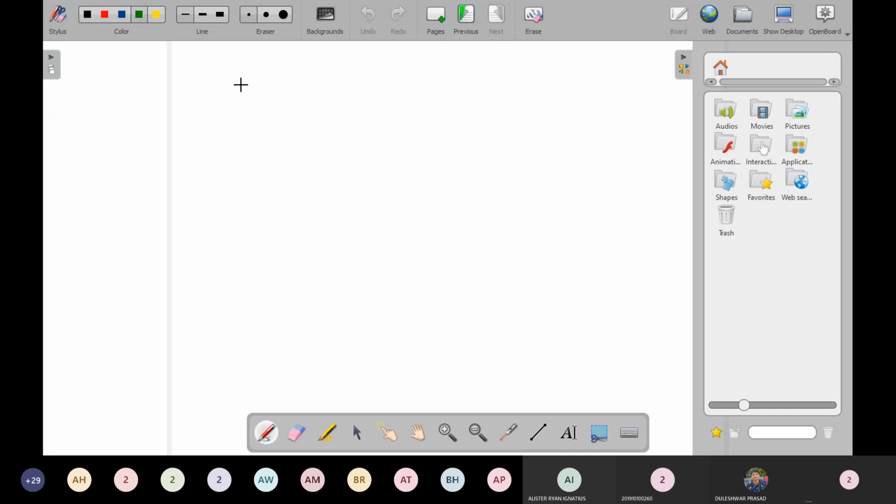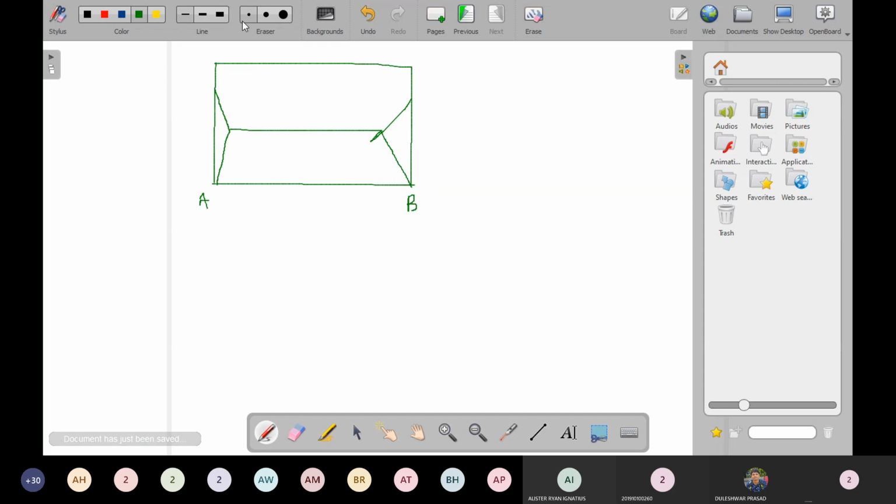So let me draw a line here. So this is our A and this is our B. So this is how this eutectic diagram looks like.